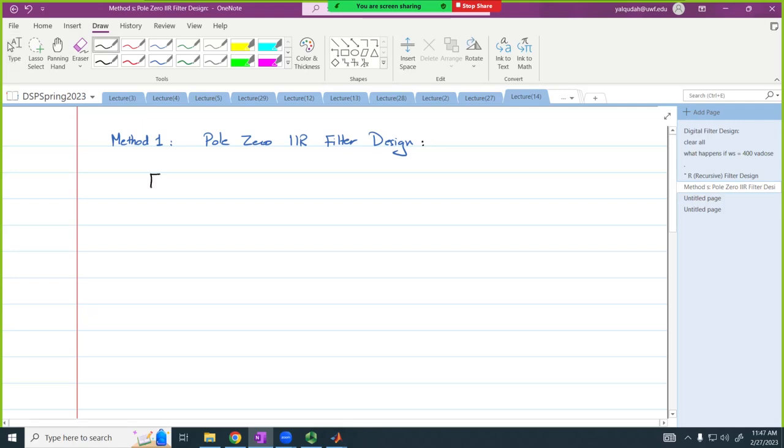So from Z transform and discrete time Fourier transform, we know the following. If we have a pole near the unit circle, and if it is placed at an angle omega 0, it will yield a frequency response that will peak around this frequency.